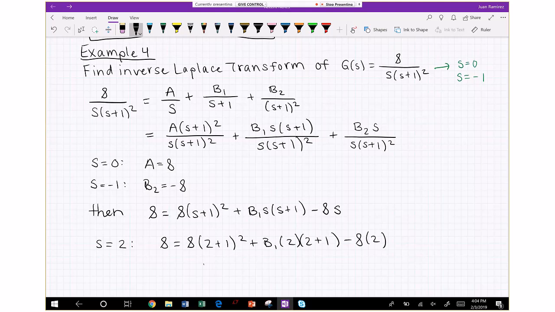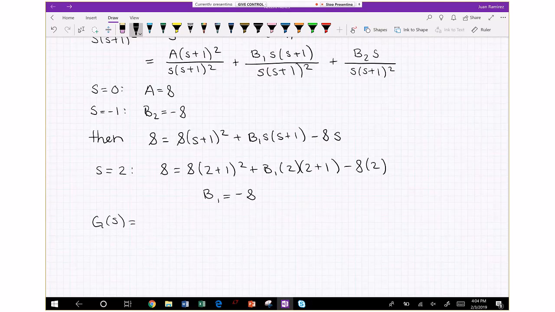You do some math and you should end up with b1 equal to -8. Therefore, g of s can be rewritten as 8 over s minus 8 over s plus 1 minus 8 over s plus 1 squared.